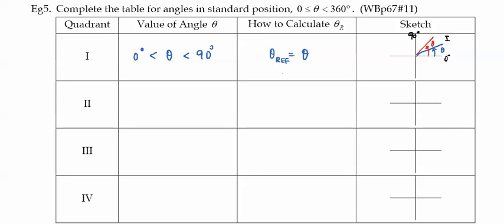Some people like to give this angle in standard position a special name, like how we call the reference angle theta ref. Some people like to call it theta standard. It is unnecessary. You can simply call it theta.